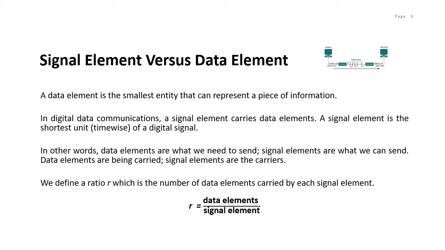In other words, the data elements are what we need to send, and signal elements are what we can send. Data elements are being carried, and signal elements are the carriers. We can define a ratio R, which is the number of data elements carried by each signal element.